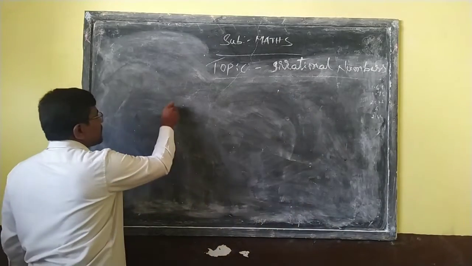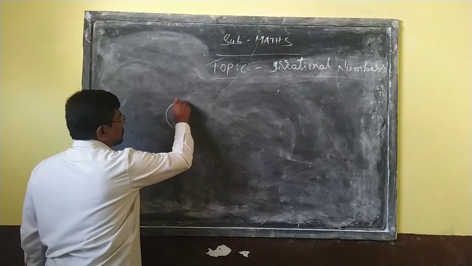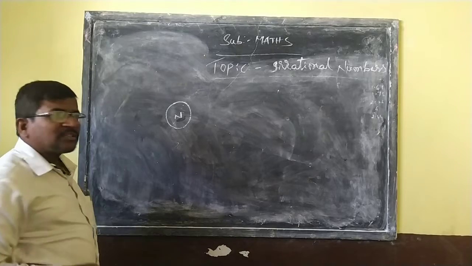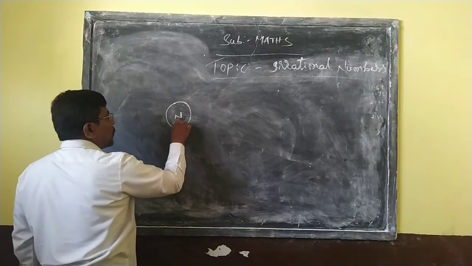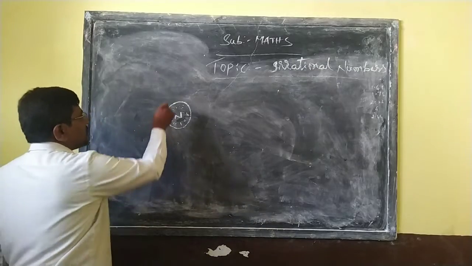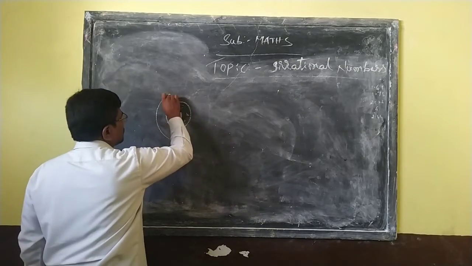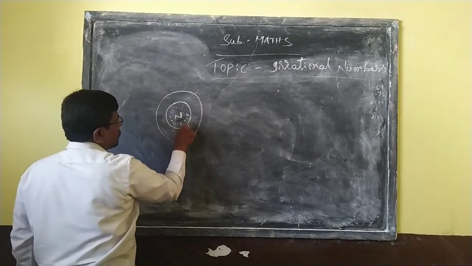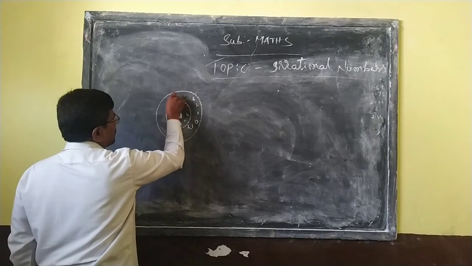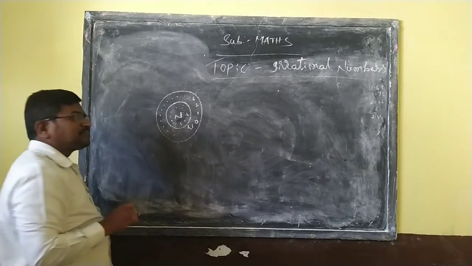See, you know that counting numbers are called natural numbers. Yes or no students? Counting numbers, that is 1, 2, 3 and so on. After that, whole numbers: 0, 1, 2, 3 and so on.